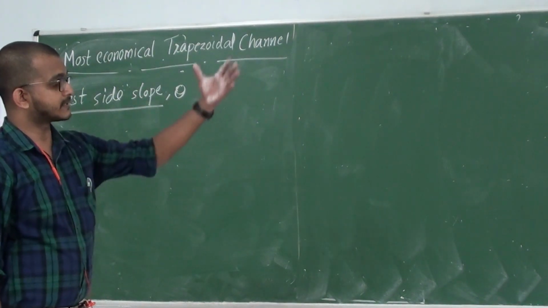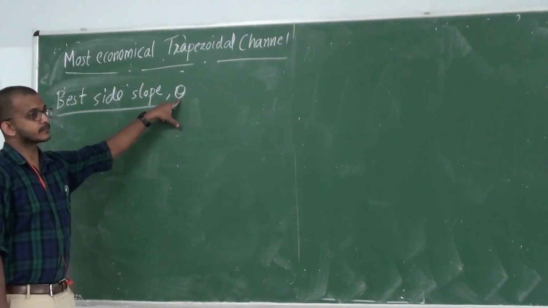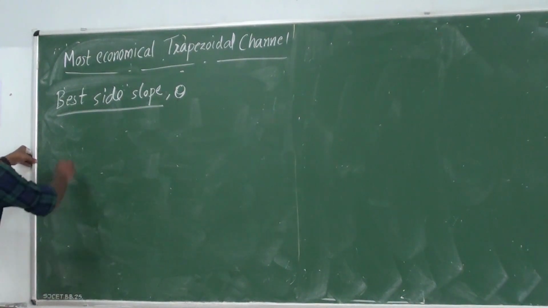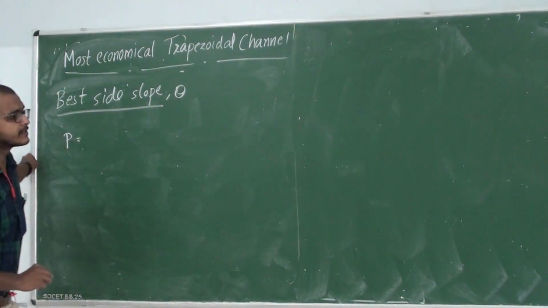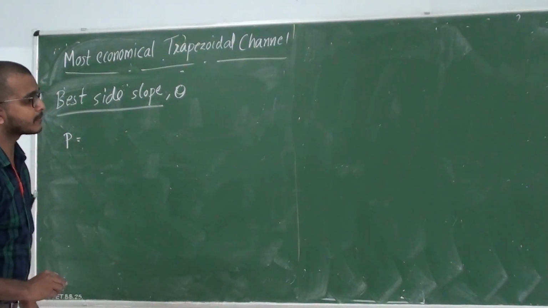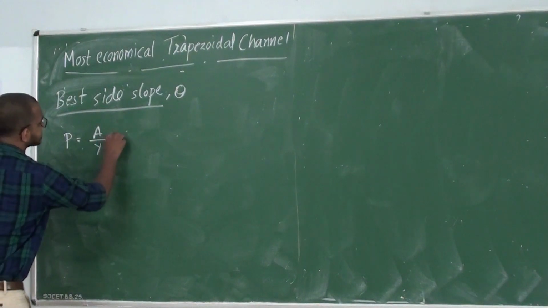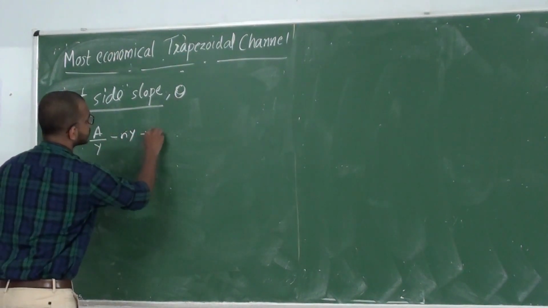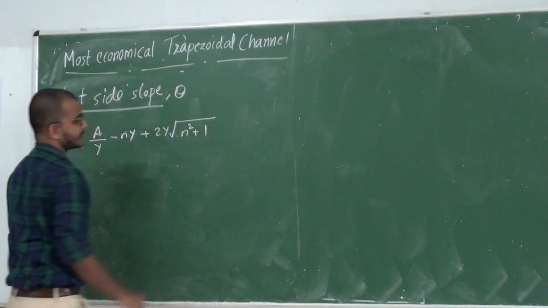If you have to make the channel most economical, what is the value of theta? The perimeter P, we have already written the equation for perimeter: P is equal to A by y minus ny plus 2y into square root of n square plus 1.